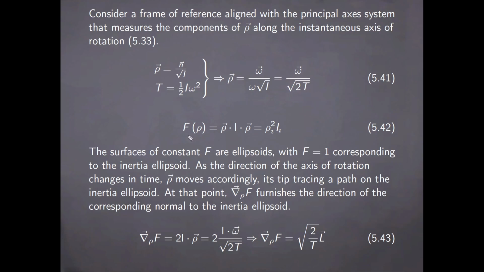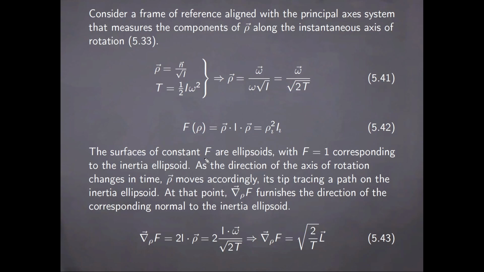Then we can define a function f of rho as the scalar obtained by contracting the inertia tensor with the vector rho, and its values are given by the sum here in terms of the components of rho and the principal moments of inertia.